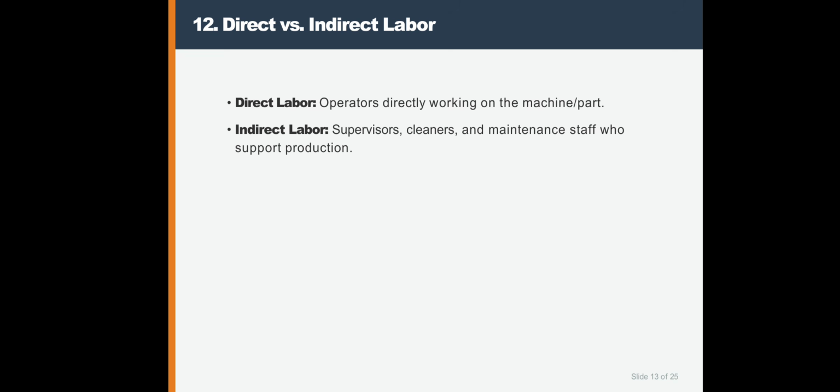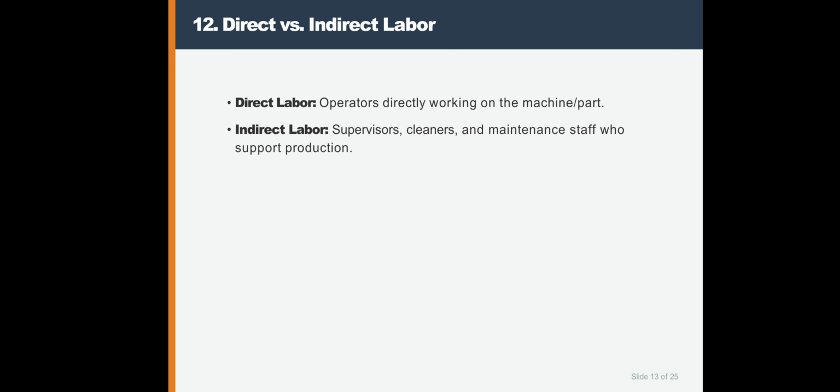Direct versus indirect labor. The direct labor means operators directly working on the machine or part, and the indirect labor is supervisors, cleaners and maintenance staff who support production. So we can say that direct labor are the workers who actually work or process different materials, either manually or with the help of machines.